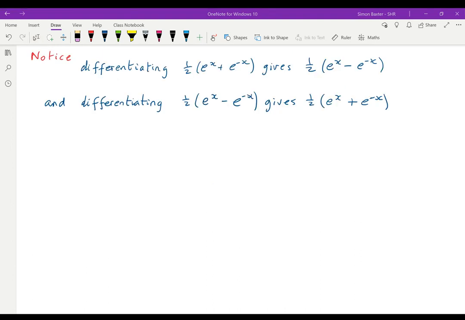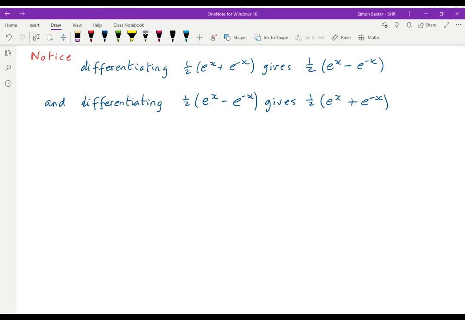Now I want you to notice that if we differentiate the first function, half of e to the x plus e to the minus x, e to the x goes to e to the x, e to the minus x goes to e to the minus x, I get the other of the two functions I've been looking at. And if I take the second one and differentiate it, I get back to the first.